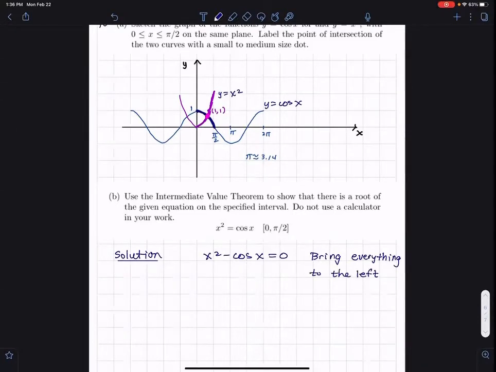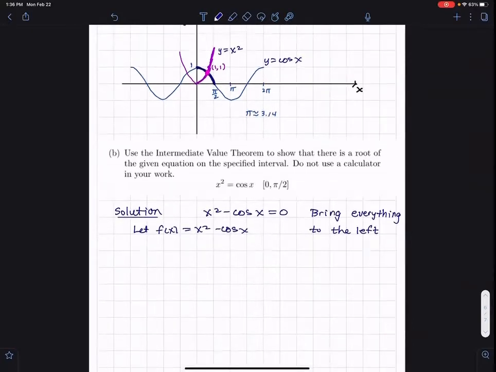And so then I'm going to let f of x equal x squared minus cosine x. And then I'm going to make a note. I'll put bullets here.